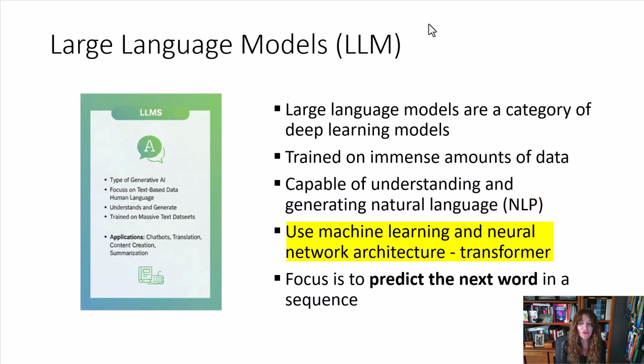Again, we use the machine learning and transformer architecture behind the scenes to do this. So these large language models understand the spoken voice and the text language that would be entered into a prompt.